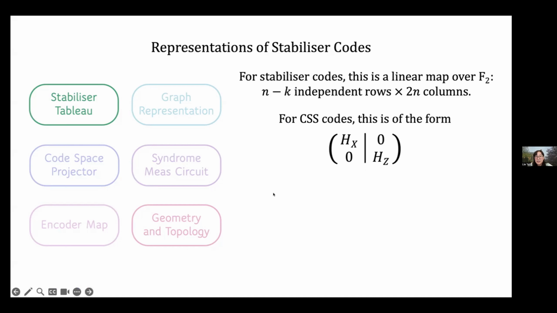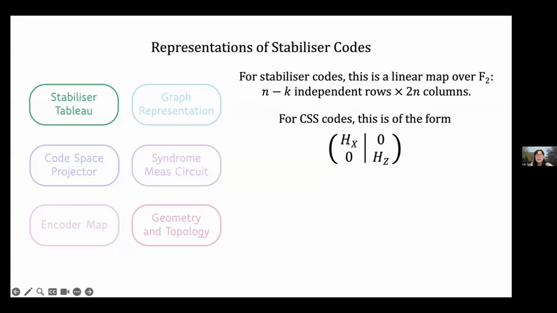For CSS codes, this corresponds to the phase-free fragment of the ZX calculus, rather than all of the stabilizer fragment. So for CSS codes, it's special. Instead of more arbitrary binary matrices where all the rows are independent, they specifically factor in this way, such that there exists some way to write the tableau so that it's block diagonal.